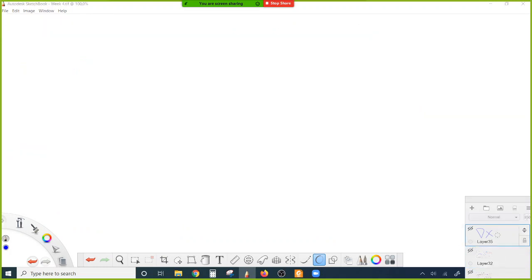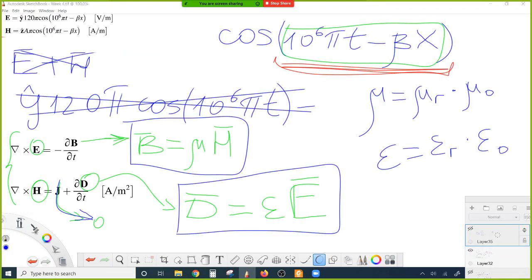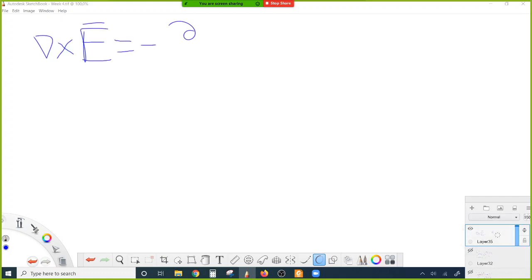Rotor of electric field intensity is equal to minus dB over dt; better, let me write mu H instead of B. So minus mu dH over dt.